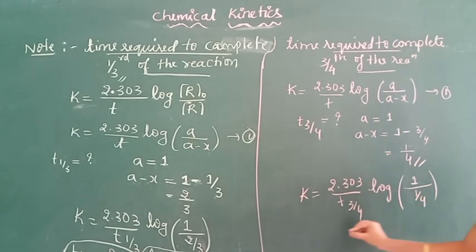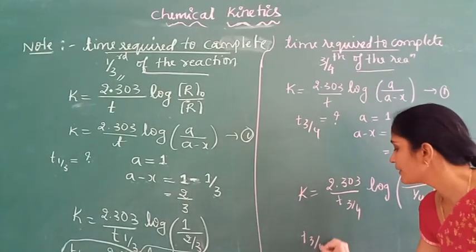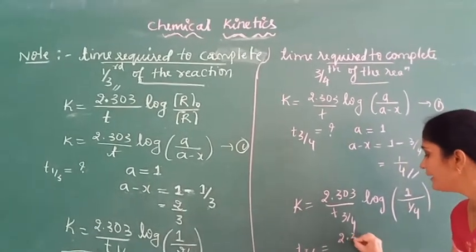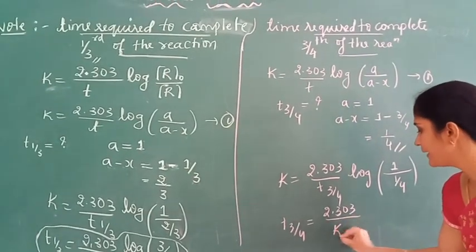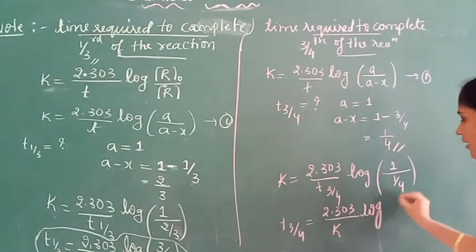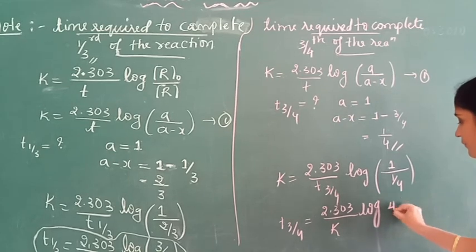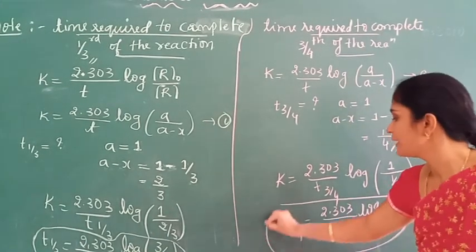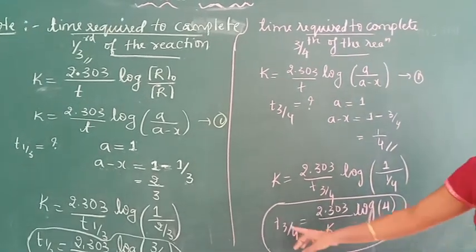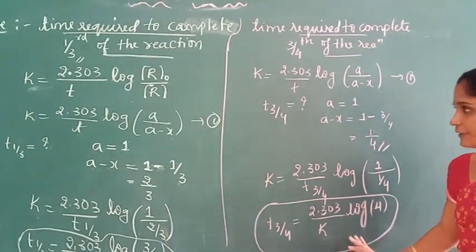So on simplification, t 3/4 equals 2.303 divided by k log of 4. So this is the expression for time required to complete 3/4 of the reaction.